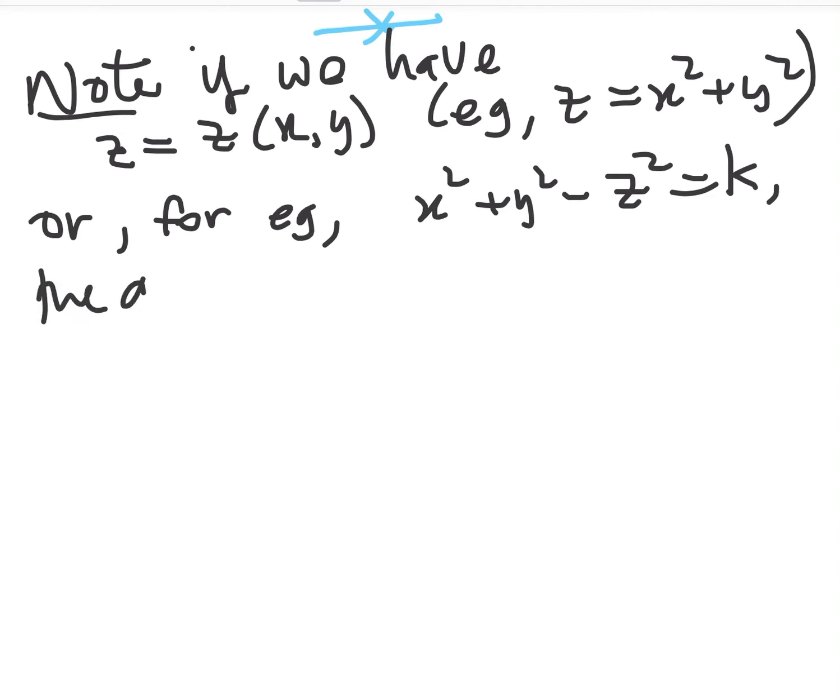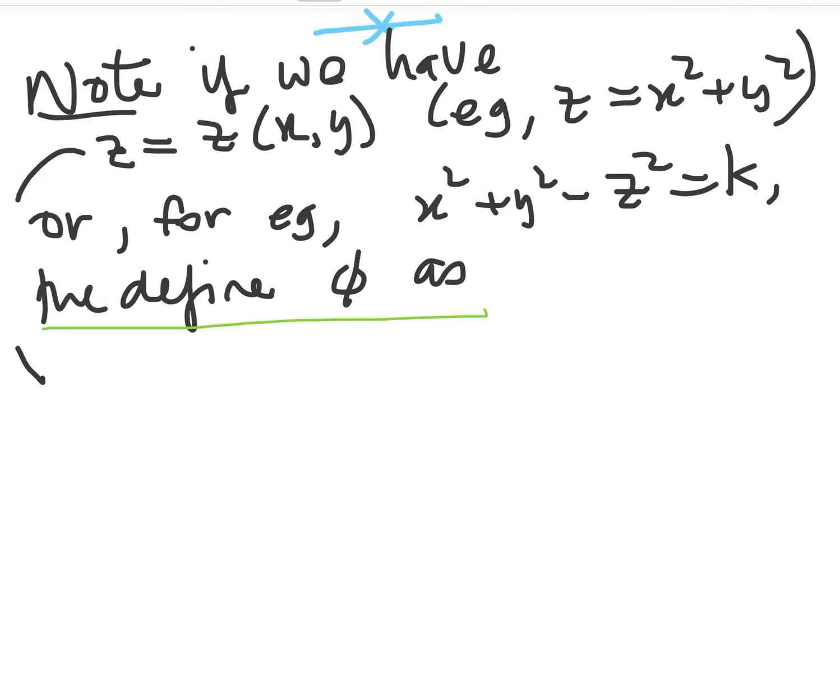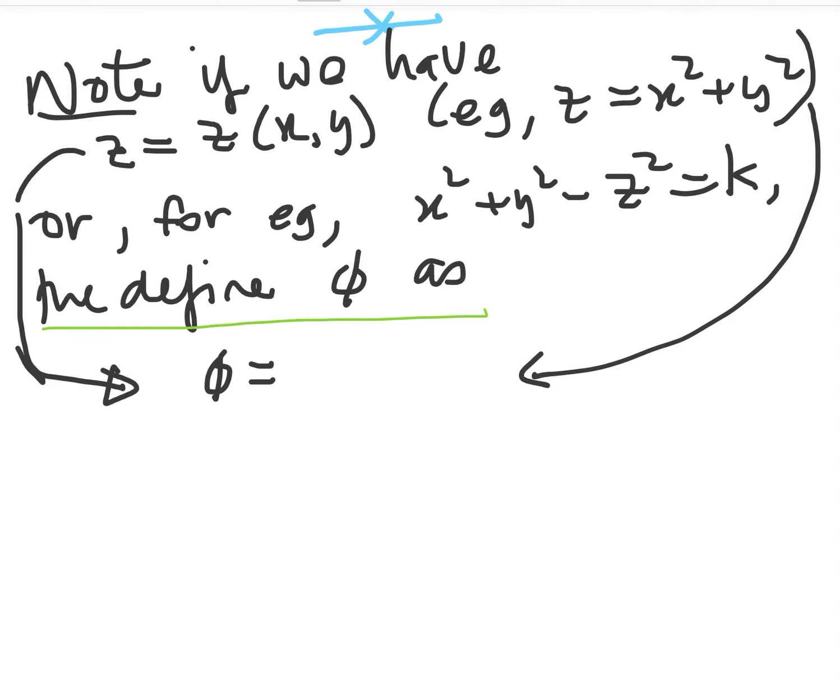The important thing is we're actually choosing what phi is. In the first case, we can say phi is equal to the z of x, y minus z. So by choosing this example here, we just take the z to the other side, and we can say phi equals x squared plus y squared minus z.